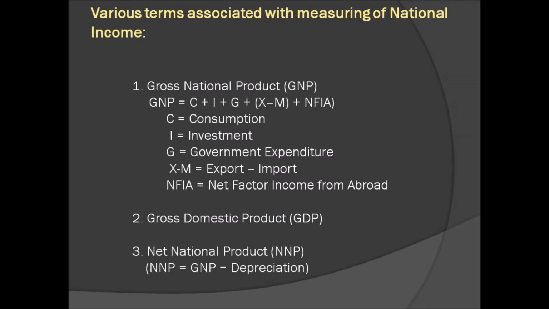Therefore, we calculate the net national product by deducting the value of depreciation from the gross national product. The formula to calculate net national product is NNP equal to GNP minus depreciation.